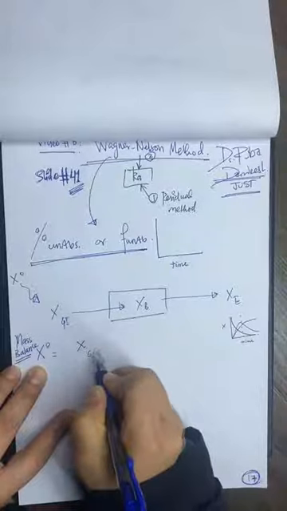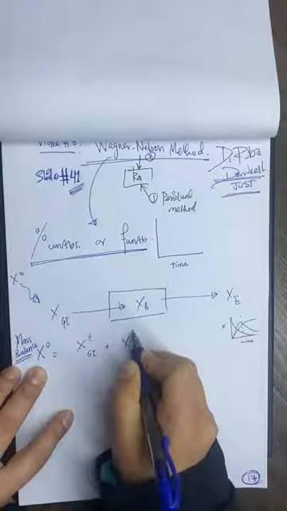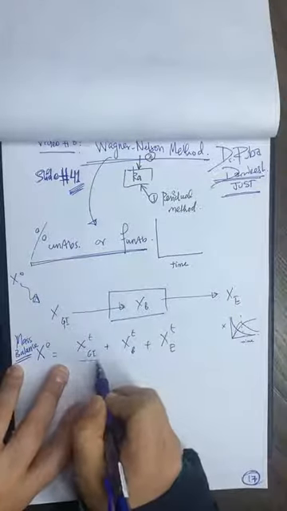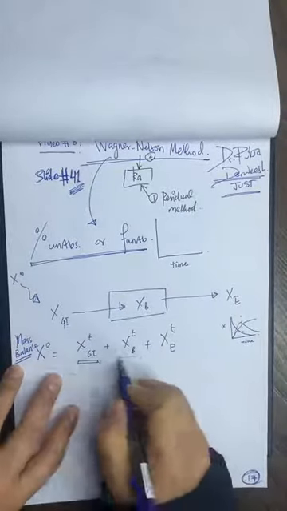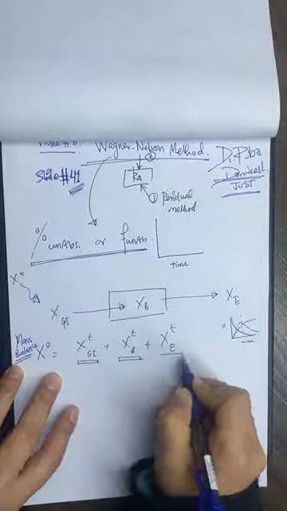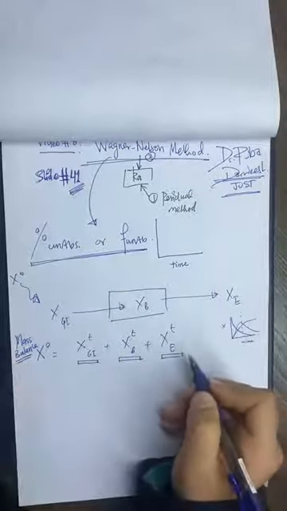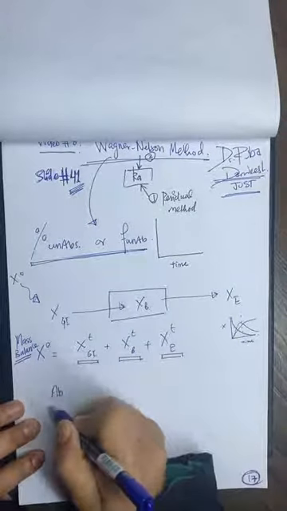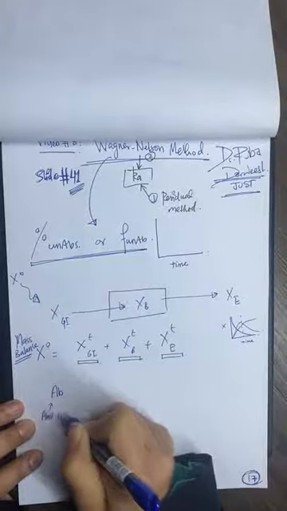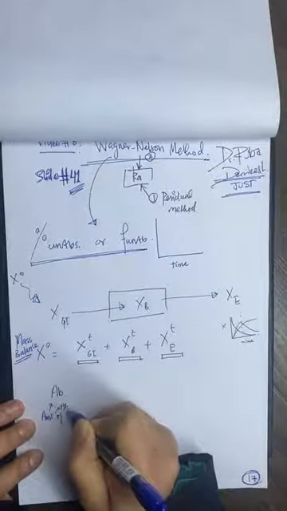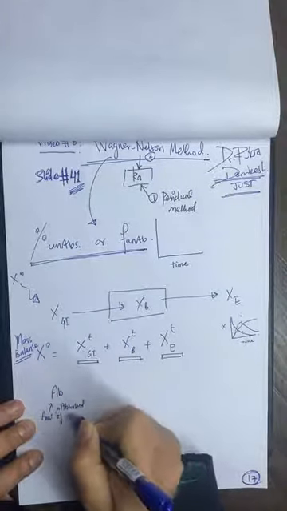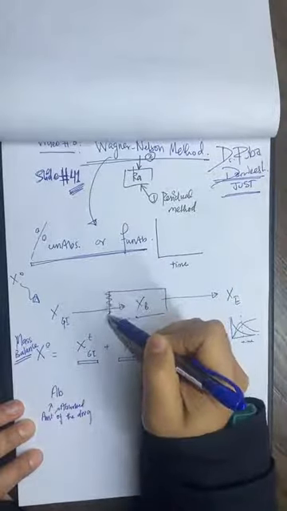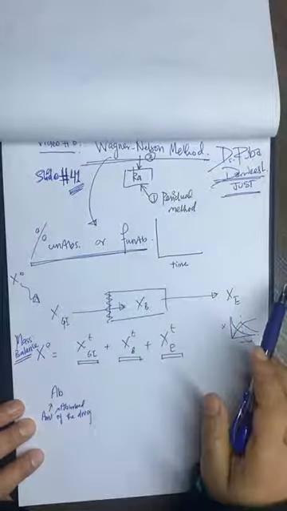It will be XGI at a certain time plus XP at a certain time plus the amount eliminated at a certain time. Again, this is the amount to be absorbed, this is the amount in the body, and this is the amount eliminated. If we are talking about the amount absorbed of the drug, then anything that passed this point is absorbed, right?